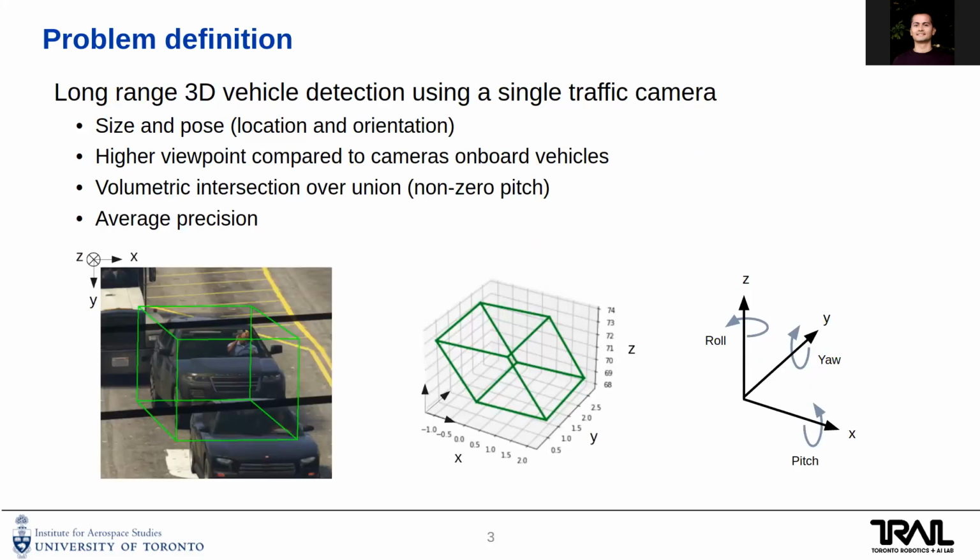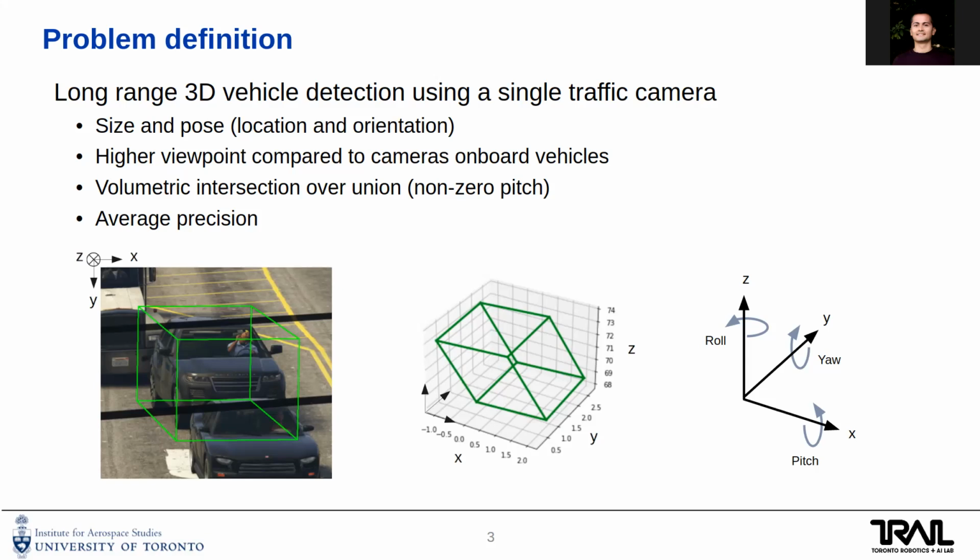The problem definition is how do we accomplish long-range 3D vehicle detection using a single traffic camera? By detection, we mean determining the size and pose of the vehicles.